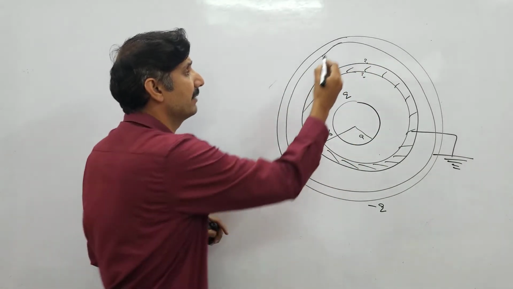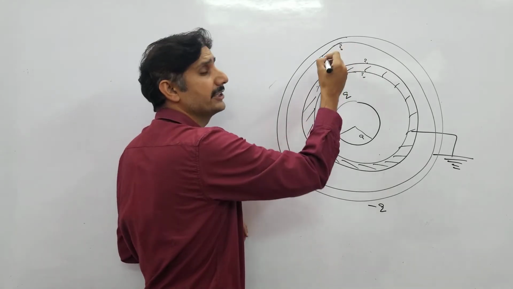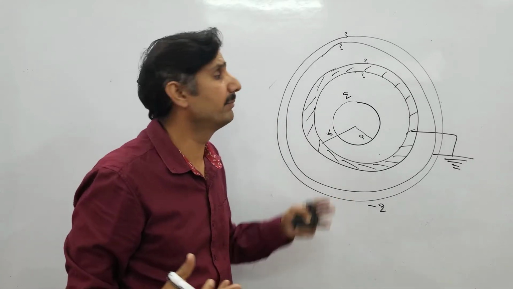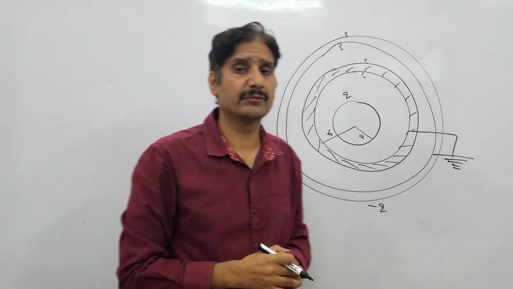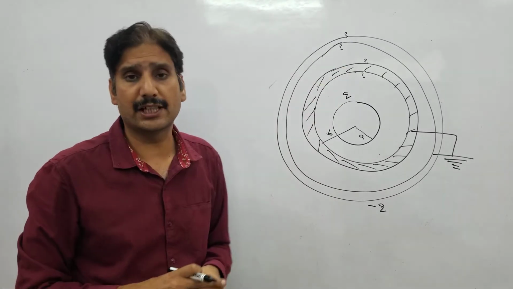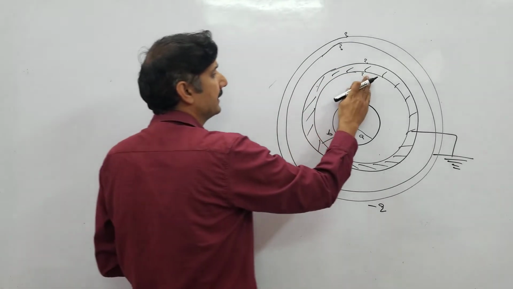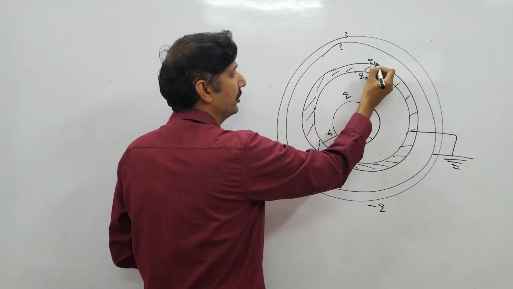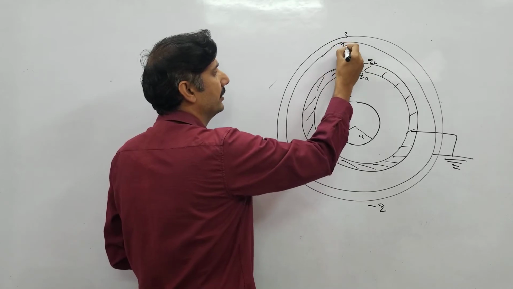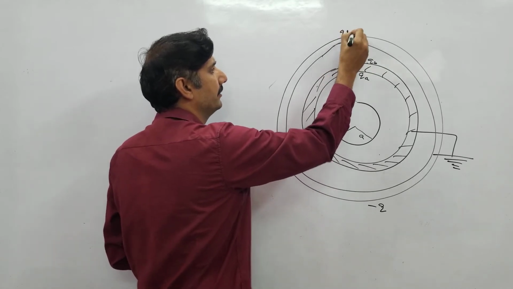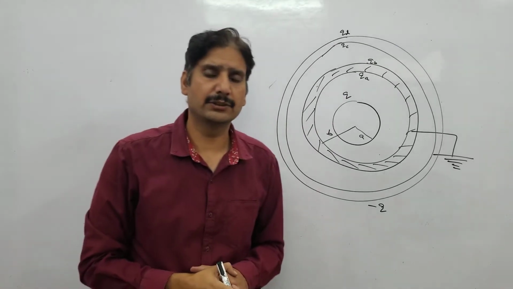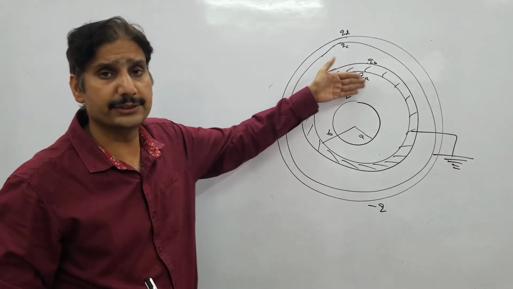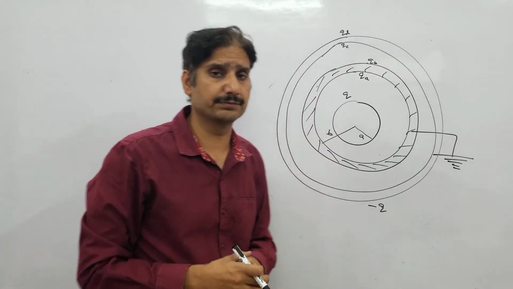And similarly, some charge will appear on the inner surface of this third shell, and some induced charge will develop on the outer surface of this shell. You need to find out these charges. Let's say I call these charges QA, QB, QC, and QD. We need to find out the induced charges on these shells, that is QA, QB, QC, and QD. This is the question.